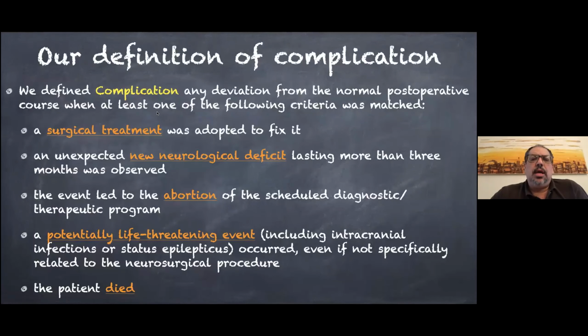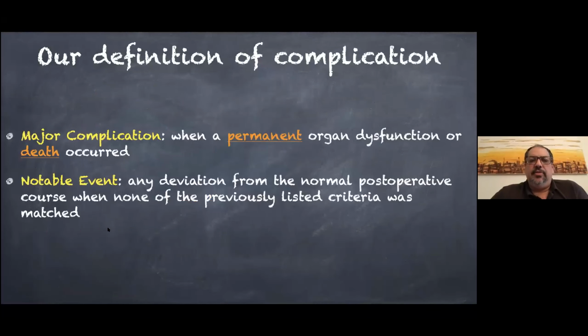So I would like to push you to consider our criteria in the BRAIN paper to classify complications. To us, a complication is when we did a surgical treatment, we had a new neurological deficit, we had to abort the procedure, we had a potentially life-threatening event, or of course, the death of the patient.